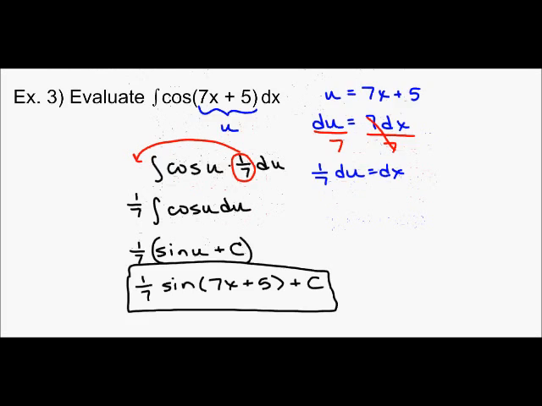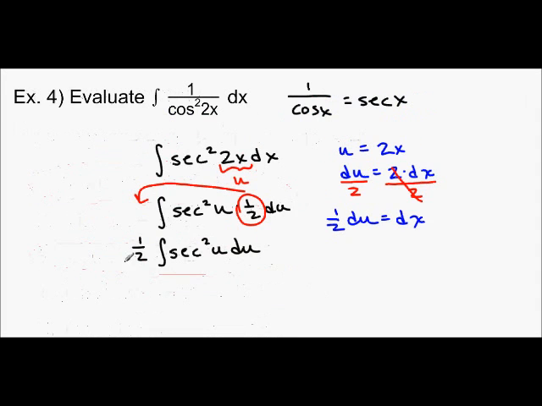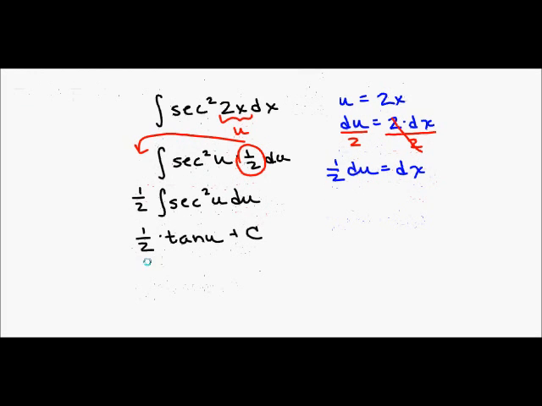And what do I have for secant squared u? I have tan u plus c. So 1/2 times tan u plus c. And u, we said, is 2x, so I have 1/2 tan 2x plus c.